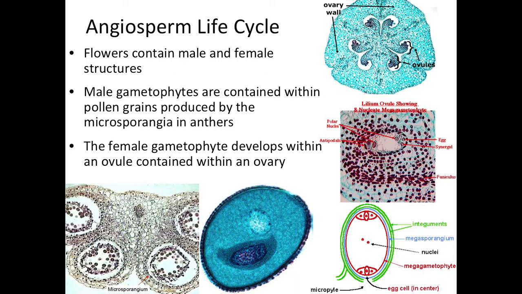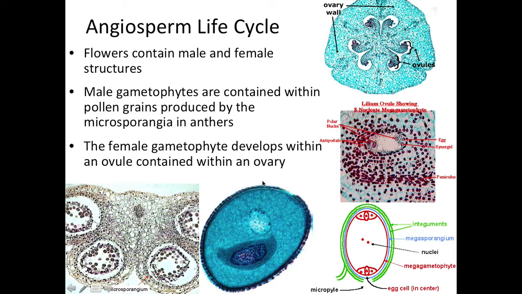So that multicellular gametophyte body has been highly reduced. It's completely dependent on the sporophyte body for both protection and nourishment for its development.